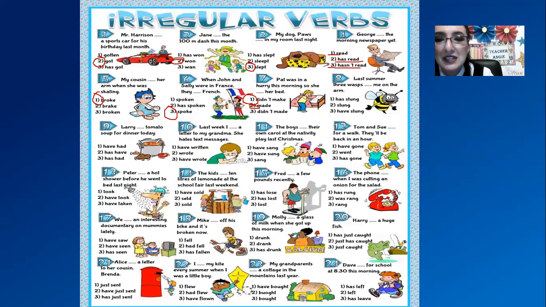Last summer, the three wasps stung me on the arm. Cool. Number 9. Larry, I don't know what, tomato soup for dinner today.